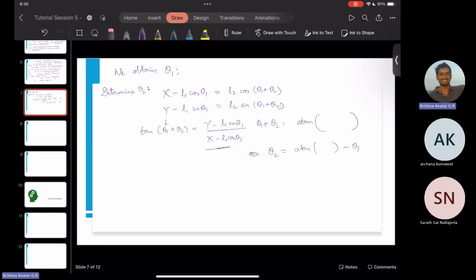So that is how we determine it. And of course, for theta 3, we use the expression theta 1 plus theta 2 plus theta 3 is equal to phi. So this implies that theta 3 is equal to phi minus theta 1 plus theta 2. That's how we do it. This is in fact the inverse kinematics of this problem, right?